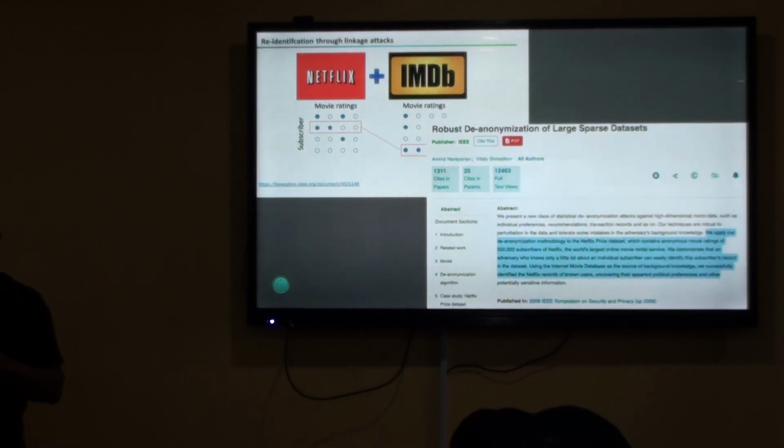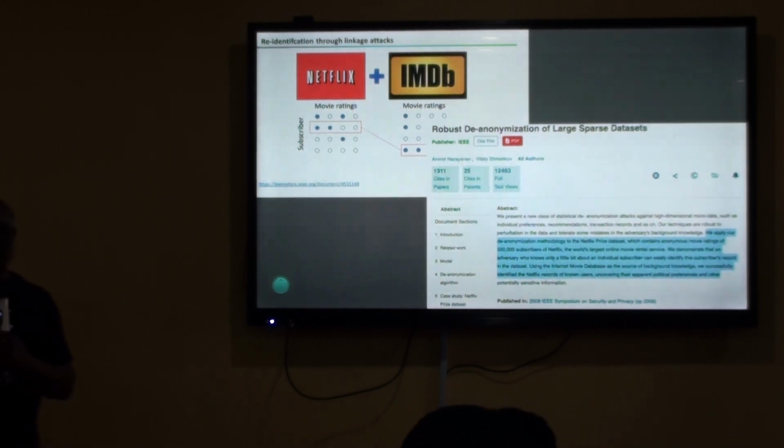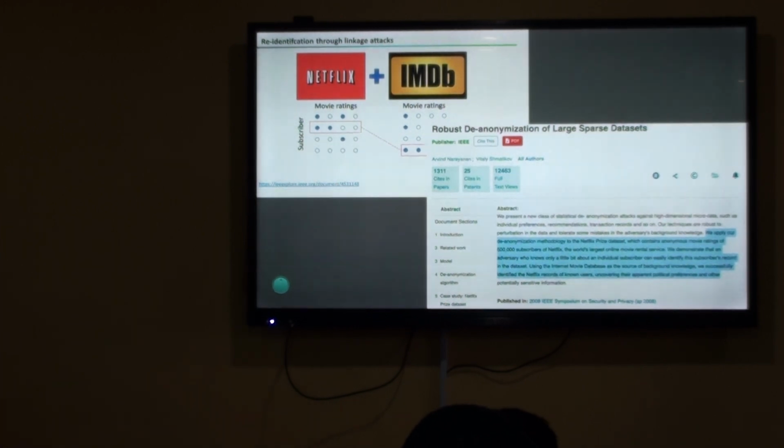In Netflix or in any website where you're asked to rate your preferences, right? With people's anonymous ratings of their preferences in Netflix and in IMDb, it was easy to identify people just through their preferences.